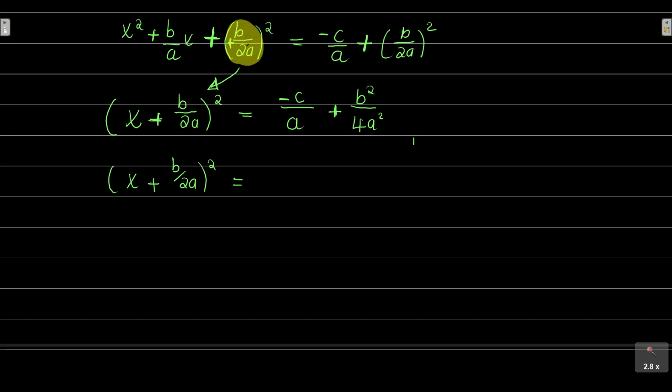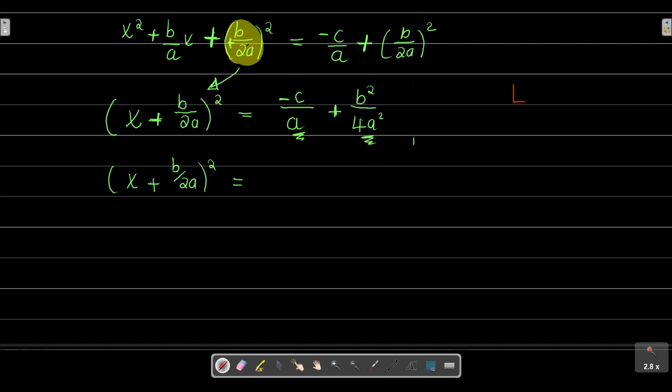We can see that our denominators are not the same. We've got 4a squared, we've got an a here. So we need to find the lowest common denominator. We've got an a for the denominator for negative c, and 4a squared for the denominator for b squared.